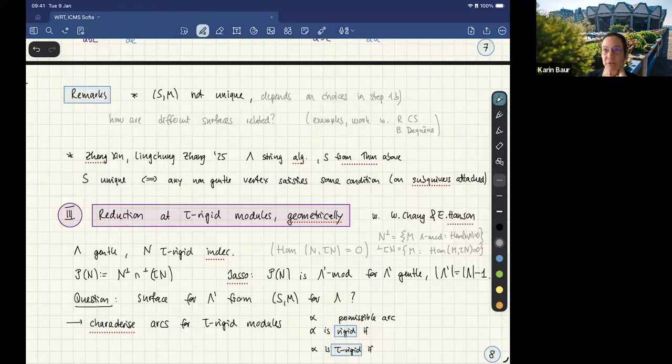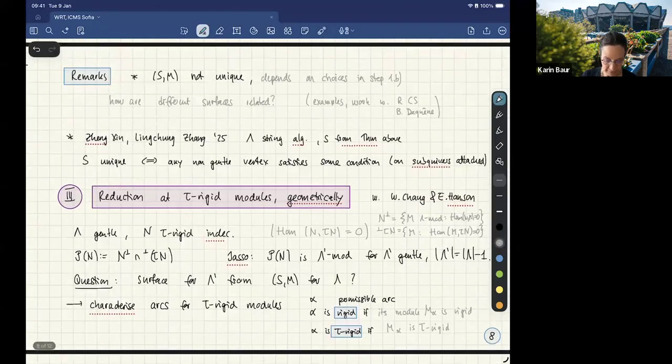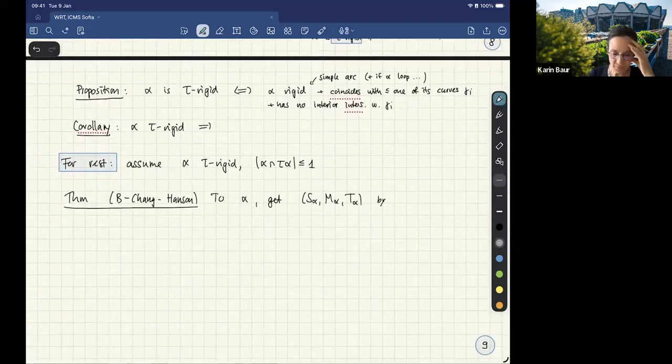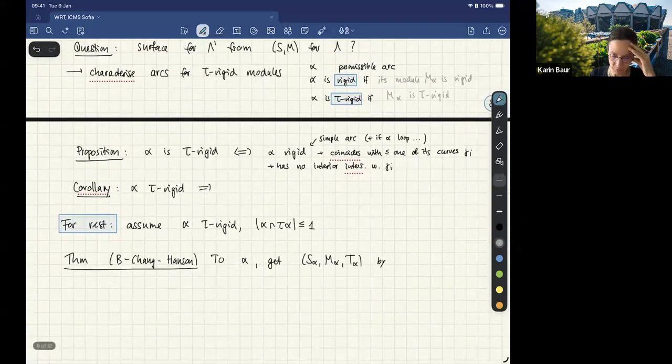And then alpha is rigid if its module is rigid, and it's tau rigid if M alpha is tau rigid. So you just call the surface by the corresponding property of the module. So then we can characterize tau rigid arcs, or the arcs which give you tau rigid modules.